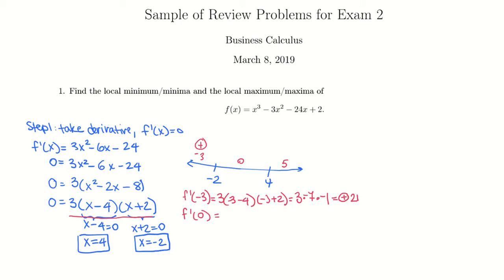Plugging in 0, we get 3 times 0 minus 4 times 0 plus 2, which is 3 times negative 4 times 2, which is negative 24.